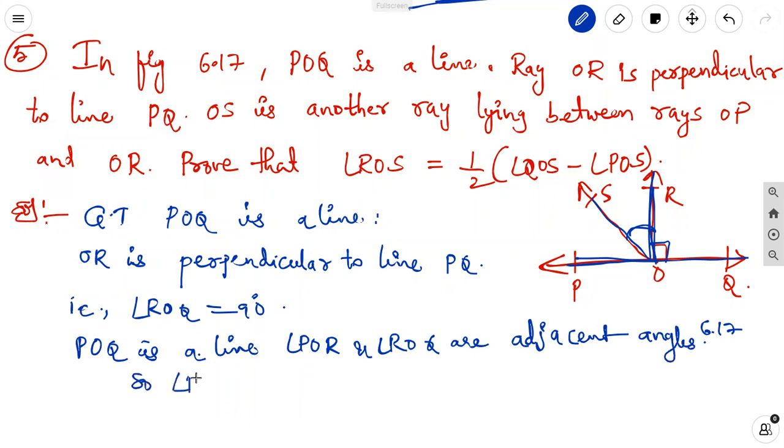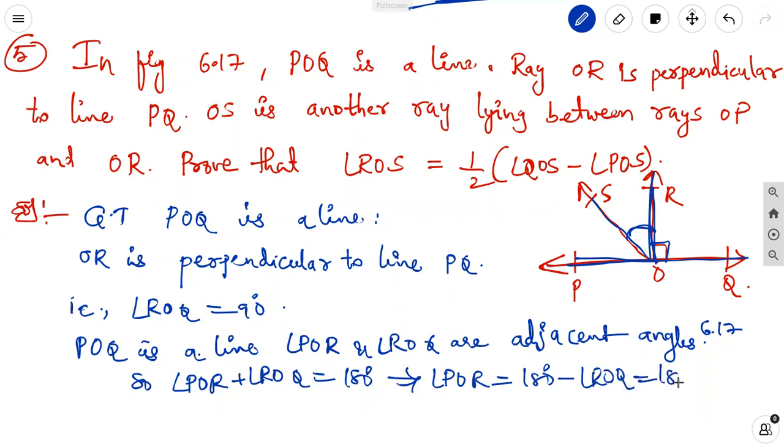So angle POR plus angle ROQ equal to 180 degrees. From this, angle POR is equal to 180 degrees minus angle ROQ, that is 180 degrees minus 90 degrees equal to 90 degrees.